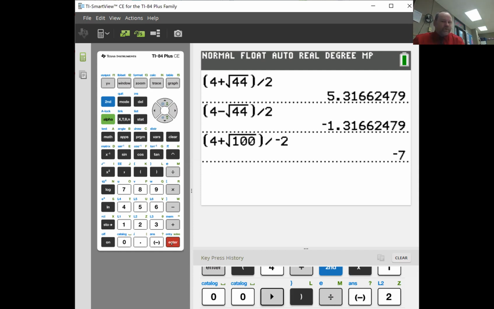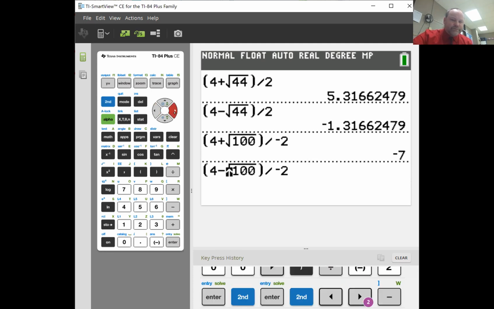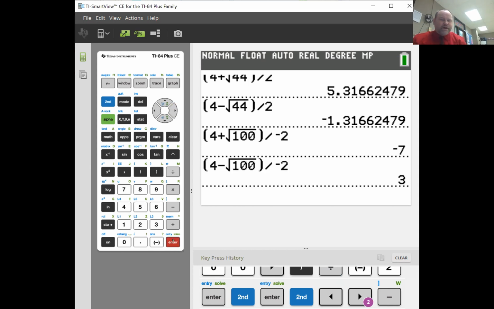We want the square root of 100 plus 4, that answer divided by -2. So we get -7. And if we change the addition to subtraction, we get +3.